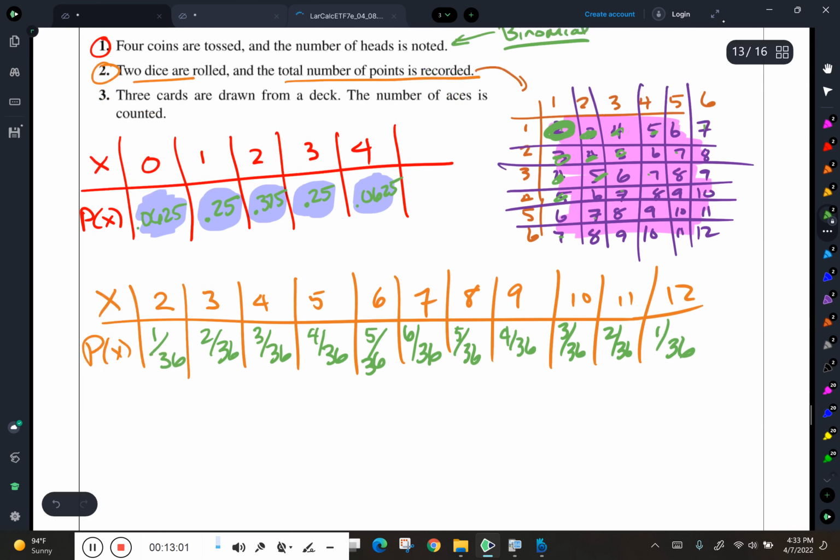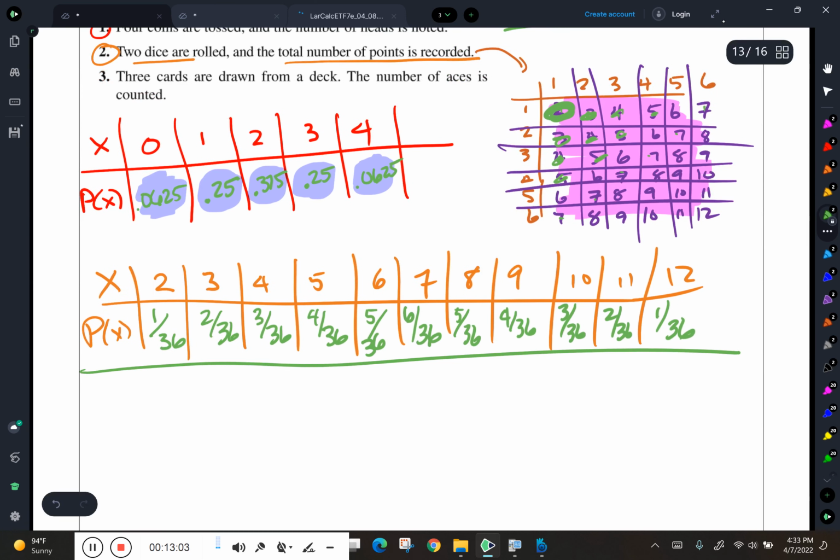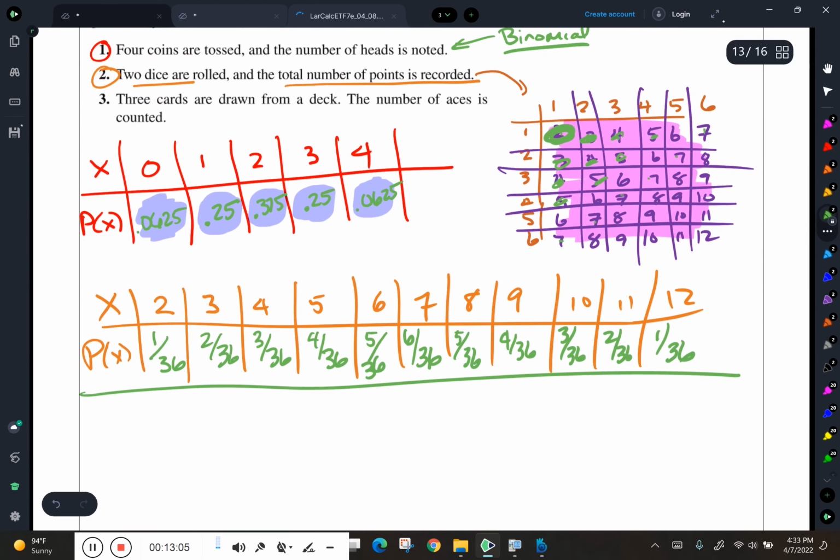And there's my probability distribution. Oh, this isn't too bad. I just need to find out what could possibly happen, find all the probabilities, and call it a day.